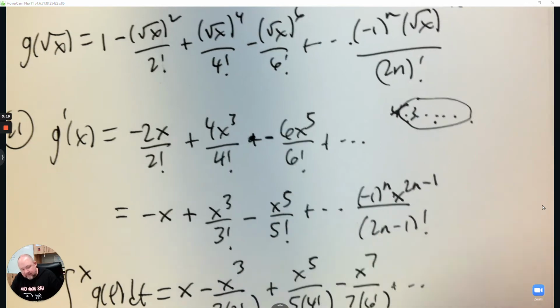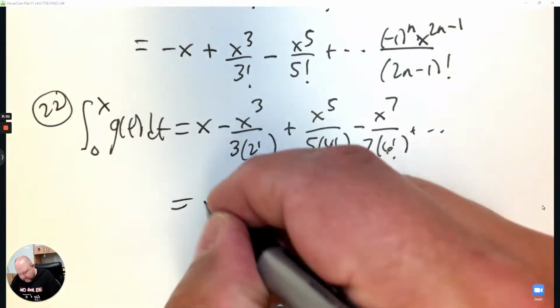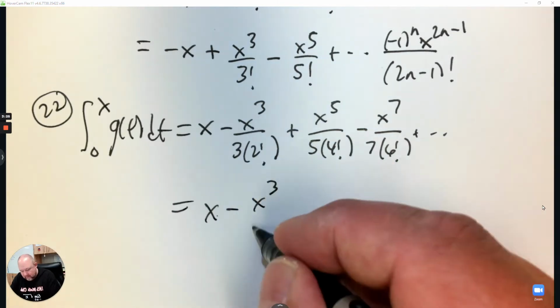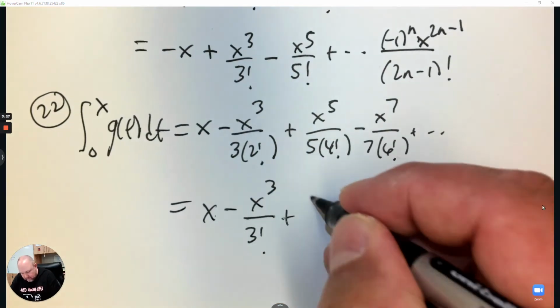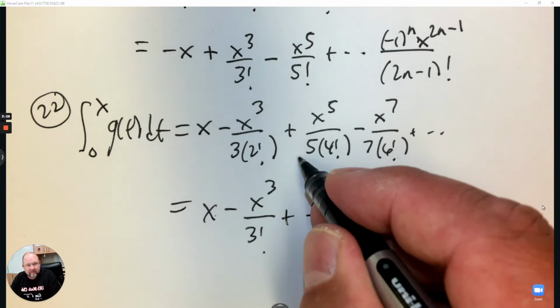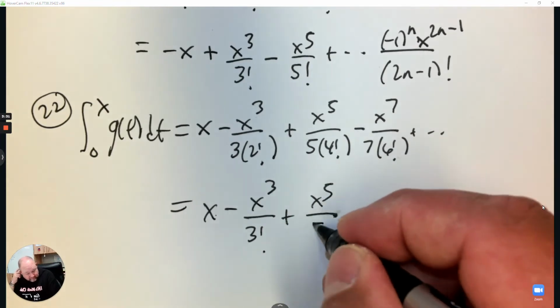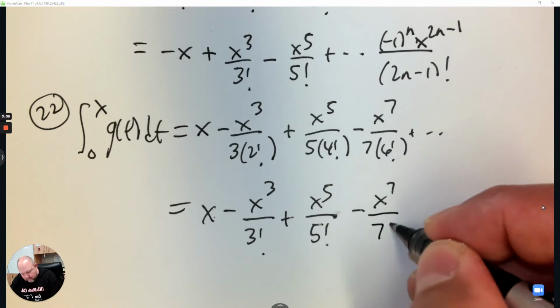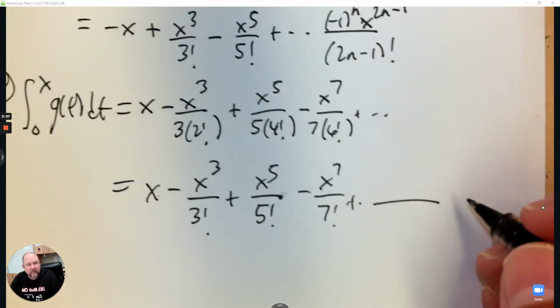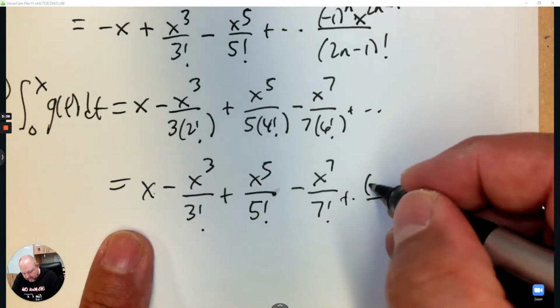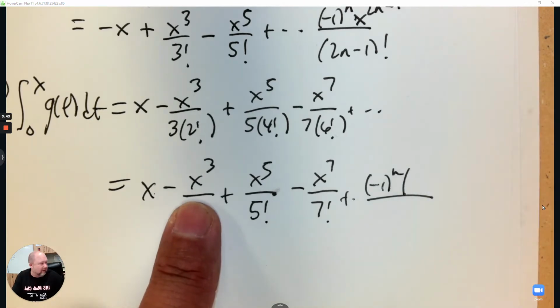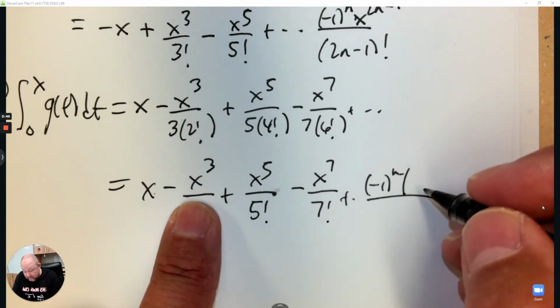And so if I simplify this, I want you to understand that 3 times 2 times 1 is just 3 factorial. 5 times 4 factorial is 5 times 4 times 3 times 2 times 1. I hope you see the pattern. So what's happening, it alternates signs. Again, it's going to be 2n minus 1, or 2n plus 1.